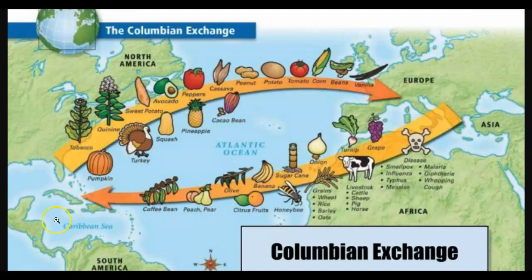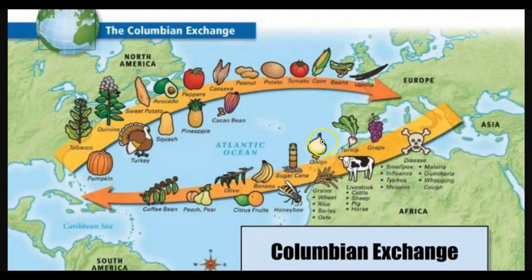Bananas are also not from Central and South America. They are brought over by Europeans from Africa. Citrus fruits, lemons and oranges and things. Again, we think of it as having been born in Florida. No, oranges are brought over by Europeans. Honeybees are unknown here. Cattle are unknown here.